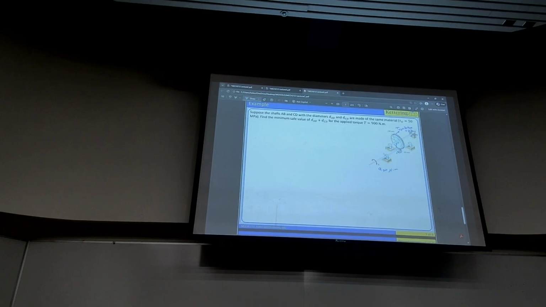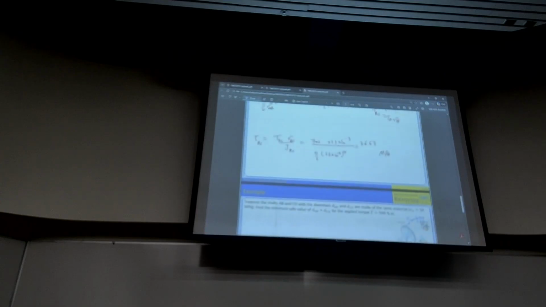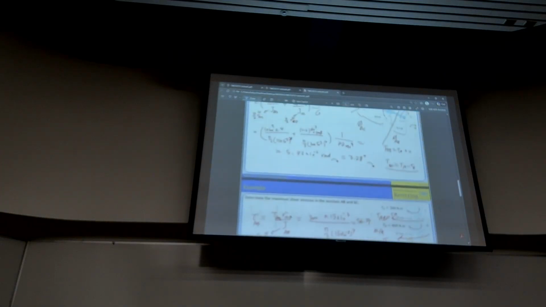So we did a similar problem in torsion. When we want to come up with how thick an object should be when the material property is given, we did something. You remember that? Look that up. I'm not talking about the load, the criteria.